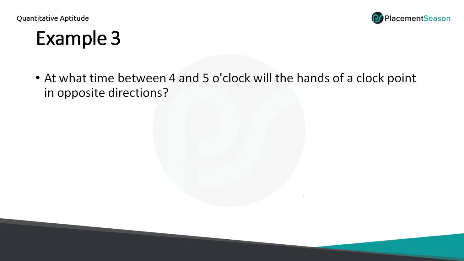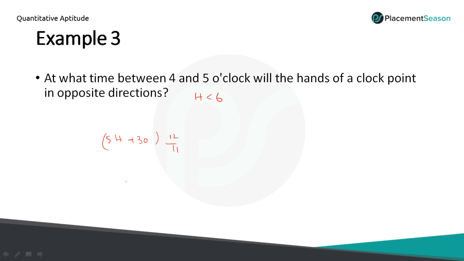At what time between 4 and 5 o'clock will the hands of the clock point in opposite direction? For opposite direction, 5h plus 30, because here the h value is less than 6. So you have to take this plus. 5h plus 30, into 12 by 11.